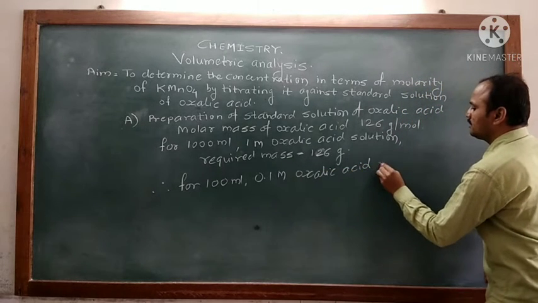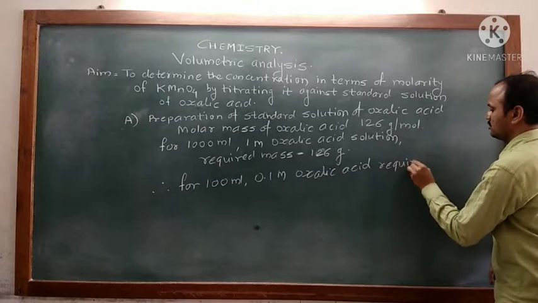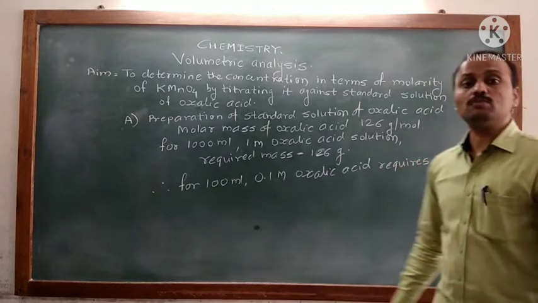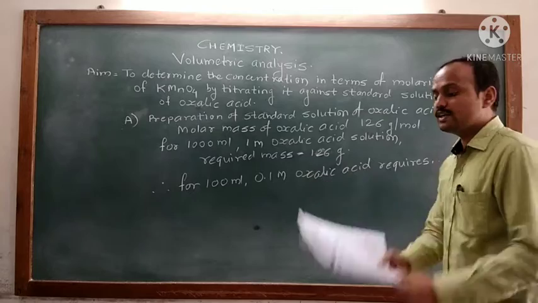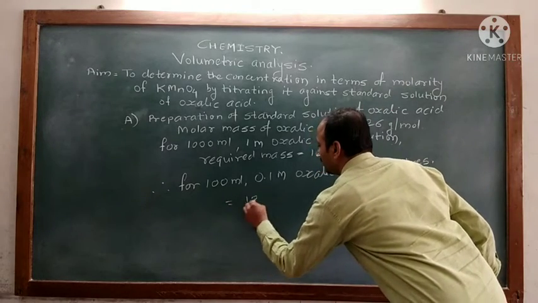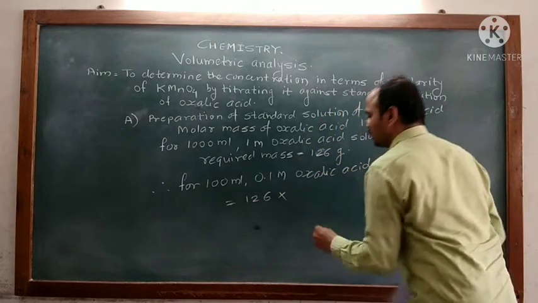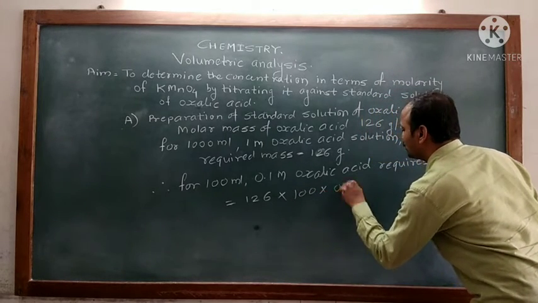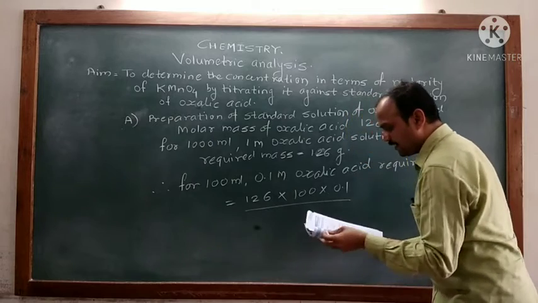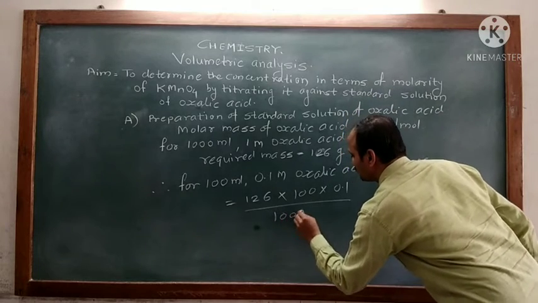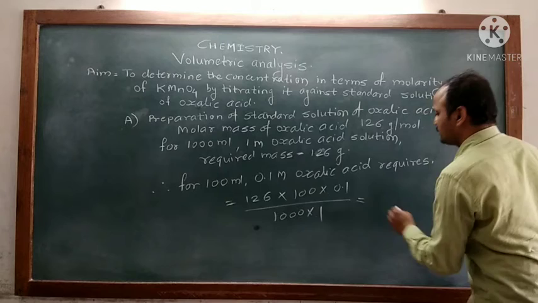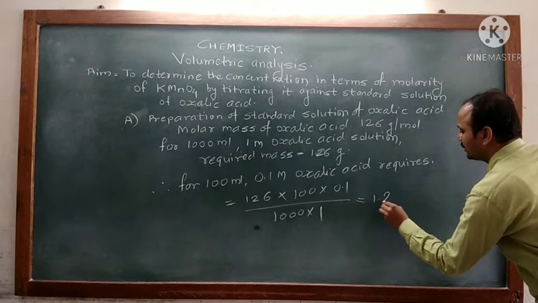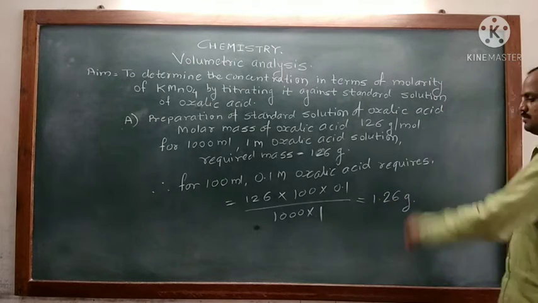What amount of oxalic acid will it require? It will require 126 into 100 ml into 0.1 molar, divided by 1000 into 1, and the answer comes to 1.26 grams.